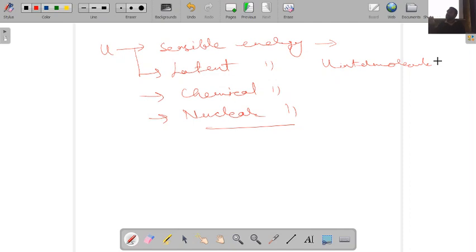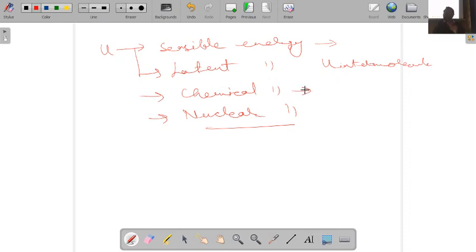In the liquid state below 100 degrees Celsius also, liquid water was existing as H2O molecule, and in the steam phase also it is existing as H2O molecule. So it means you are not breaking the molecular structure. So intramolecular things are remaining the same. The only thing you are changing is the intermolecular thing.